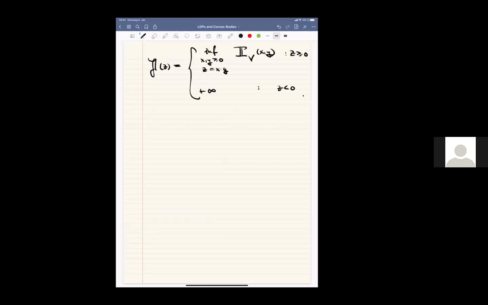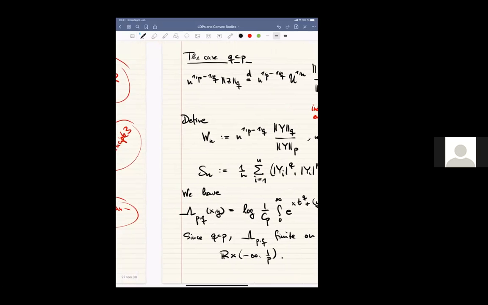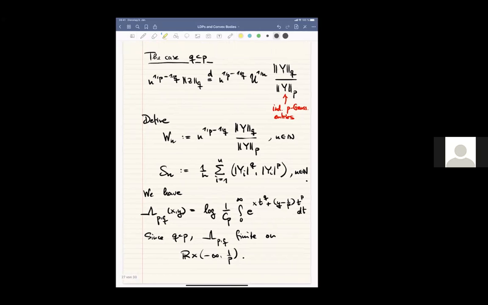Okay, so this is the case where q is less than p. Then we saw that we have lots of LDPs which form our building blocks. We have an LDP for this, we have an LDP for this thing here, and so on. And then from all the principles that I've presented, we build our LDP for the quantity we're interested in.